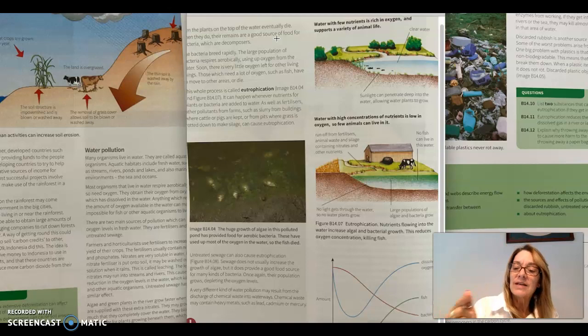And that whole process, which I talked about briefly when we were doing the aquatic ecosystems, is eutrophication. And eutrophication is huge. It causes all of the organisms to die, and that water area, whether it's a pond, a river, whatever, is dead, and everything dies off in it.